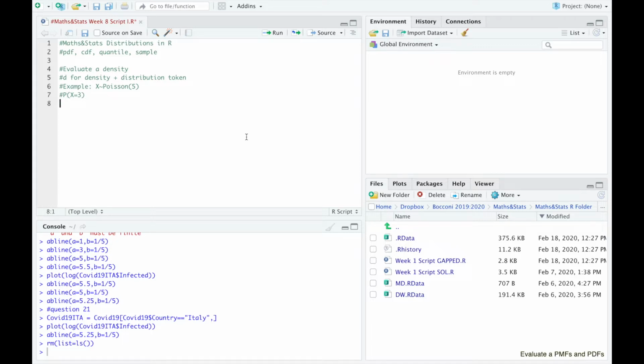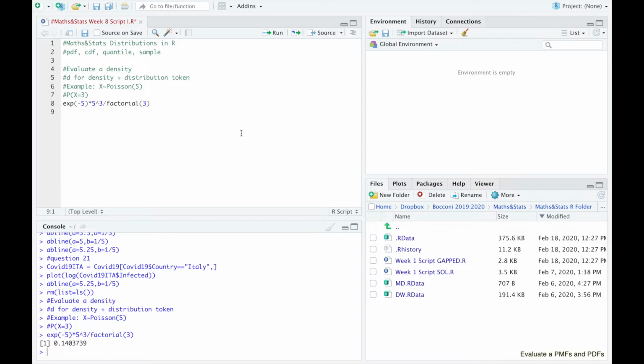Okay, so without the R functions, we'd have to use the formula. So this will be the exponential of minus lambda, that is 5 in this case, times lambda, that is 5, to the power of k, k is 3 in this case, divided by k factorial, so factorial 3.